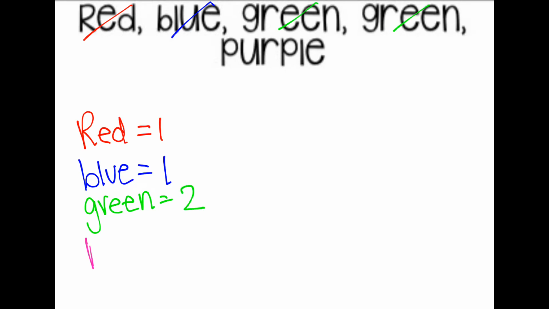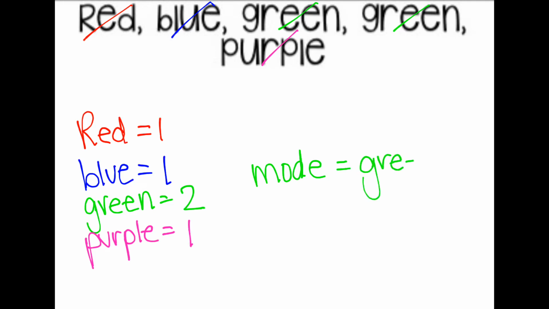And we have purple, and that equals 1. We can clearly see that our mode from this data set is going to equal green. This mode, once again, equals the most often that occurs. And green occurs most often because there's 2 greens.